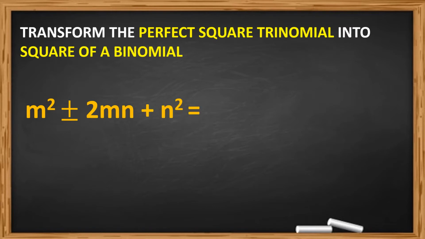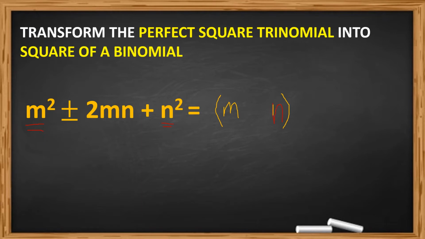Say m squared plus or minus 2mn plus n squared, that is a perfect square trinomial. Then you just have to take the square root of the first term in our trinomial, that's m squared, so its square root is m, and take the square root of the last term in our trinomial, that is n.